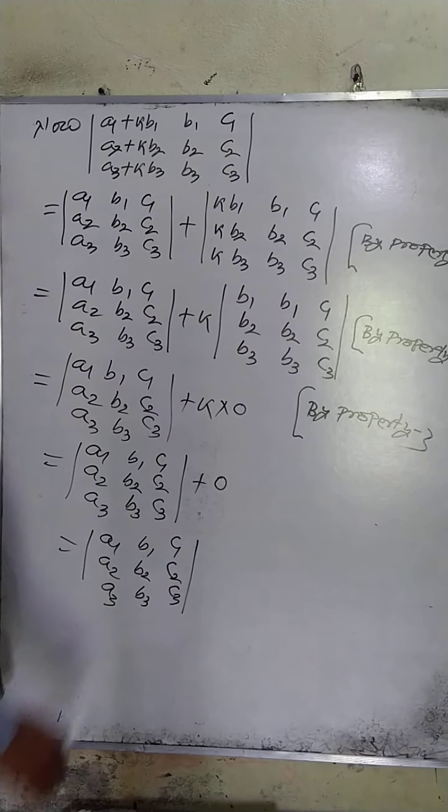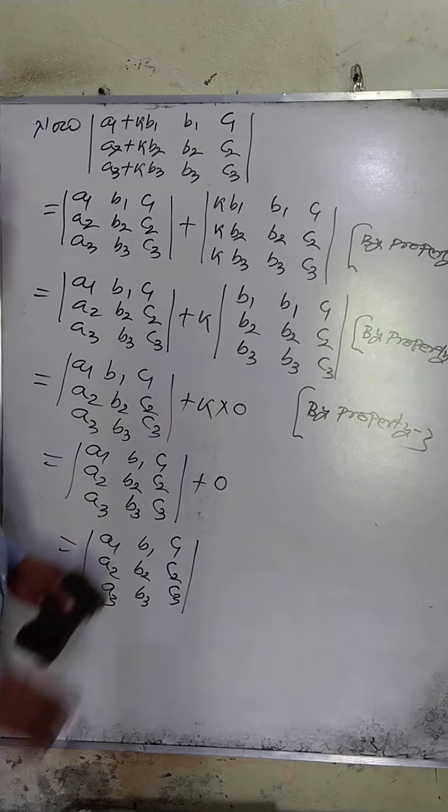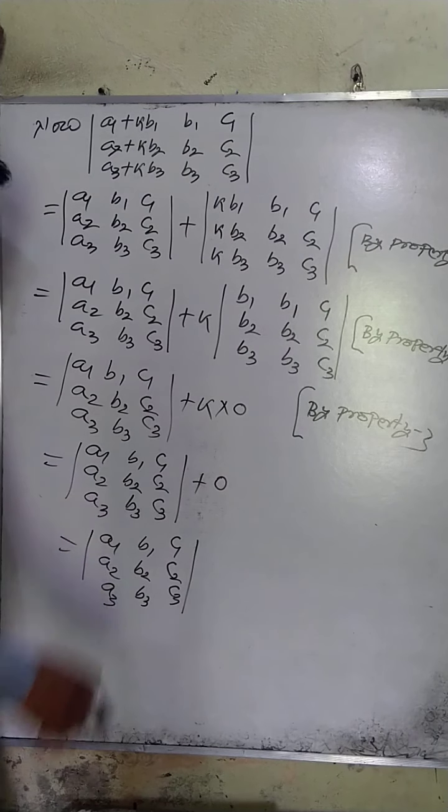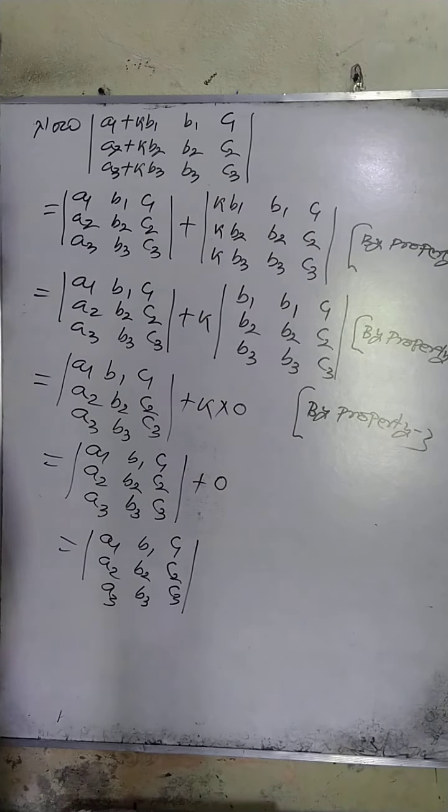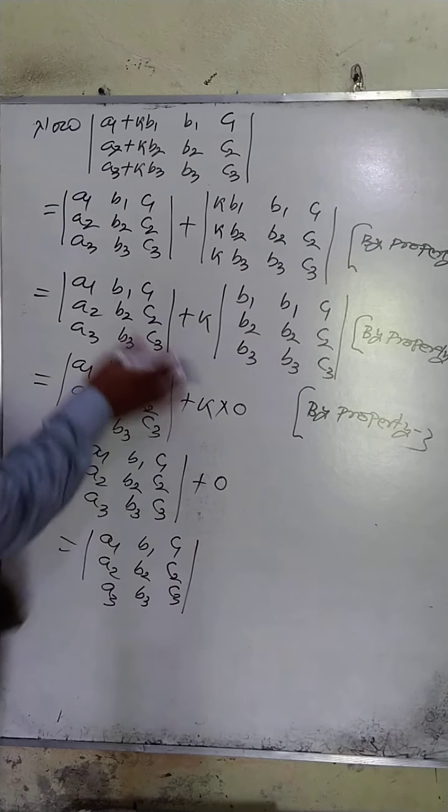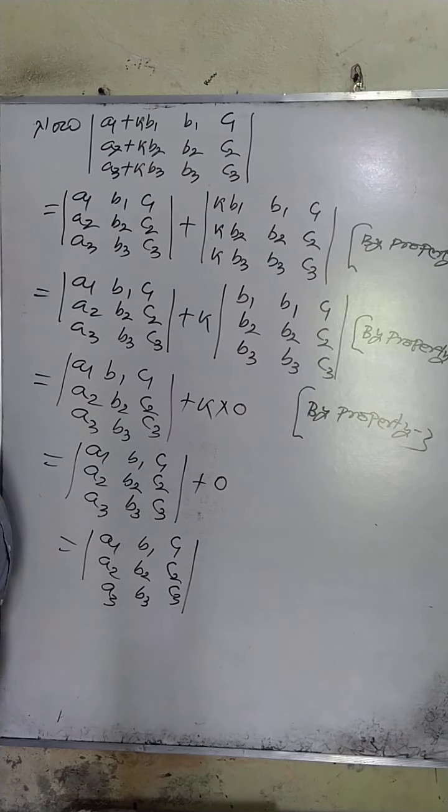Now we have proved it: the determinant remains unchanged by adding k times the elements of any row or column to the corresponding elements of any other row or column.